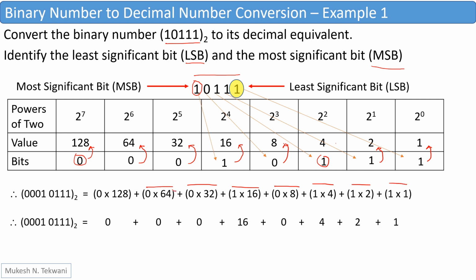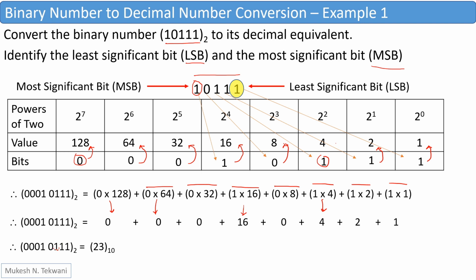Therefore this becomes 0 into 128, that is 0, plus 0 into 64, 0, and like this we have 1 into 16, you can observe, is 16, 1 into 4 is 4, and therefore we have the given binary number as a sum of these values, and this can be written as 00010111 in binary is equivalent to 23 in decimal.